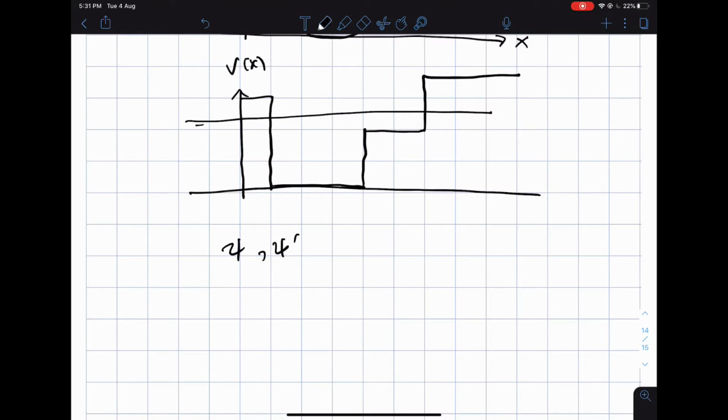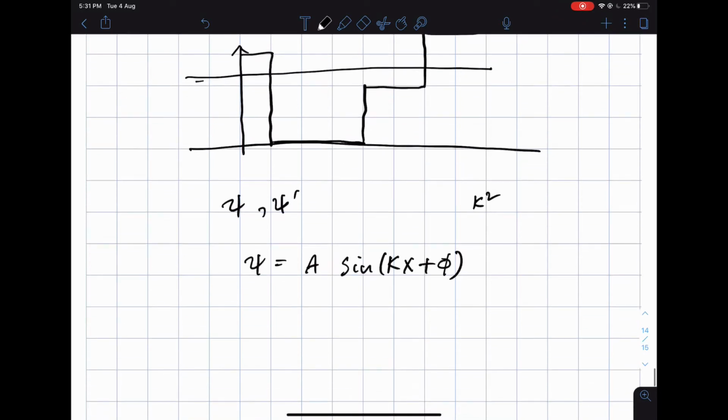Psi in general will have an amplitude A, and it'll be A times sine of (kx plus phi), and k squared is, up to some constant, the kinetic energy. If I take the derivative of psi, it will be given by A k cosine of (kx plus phi).